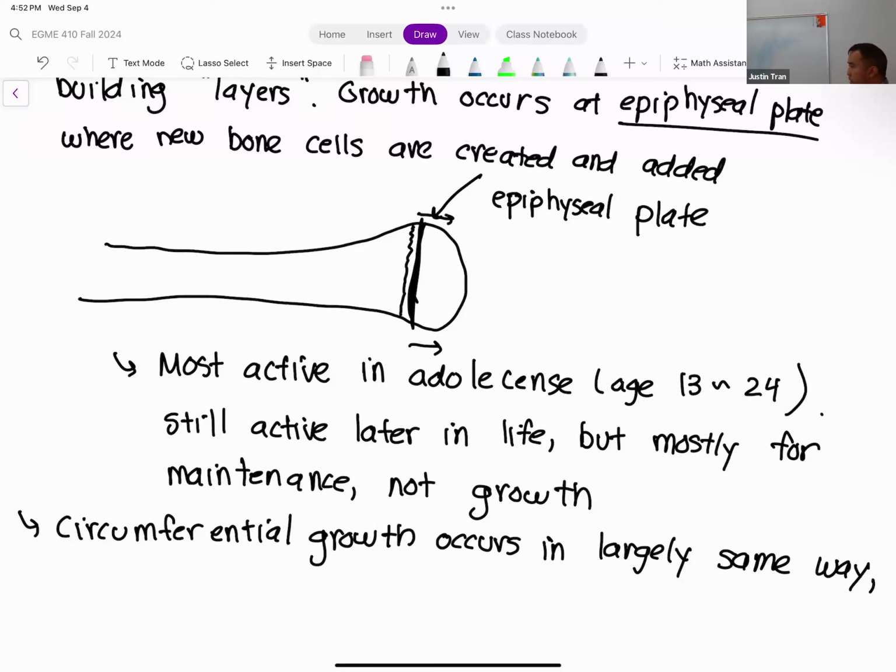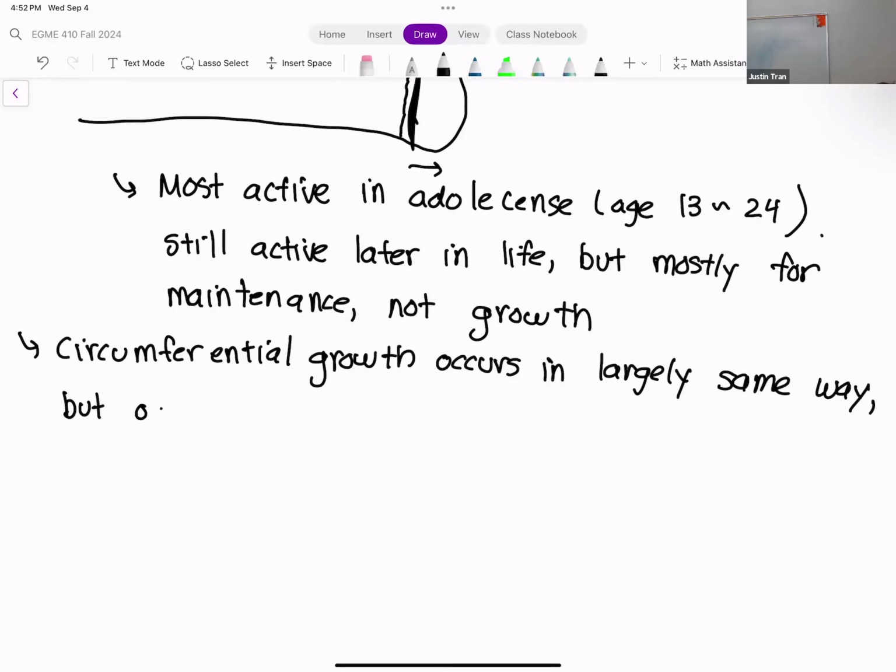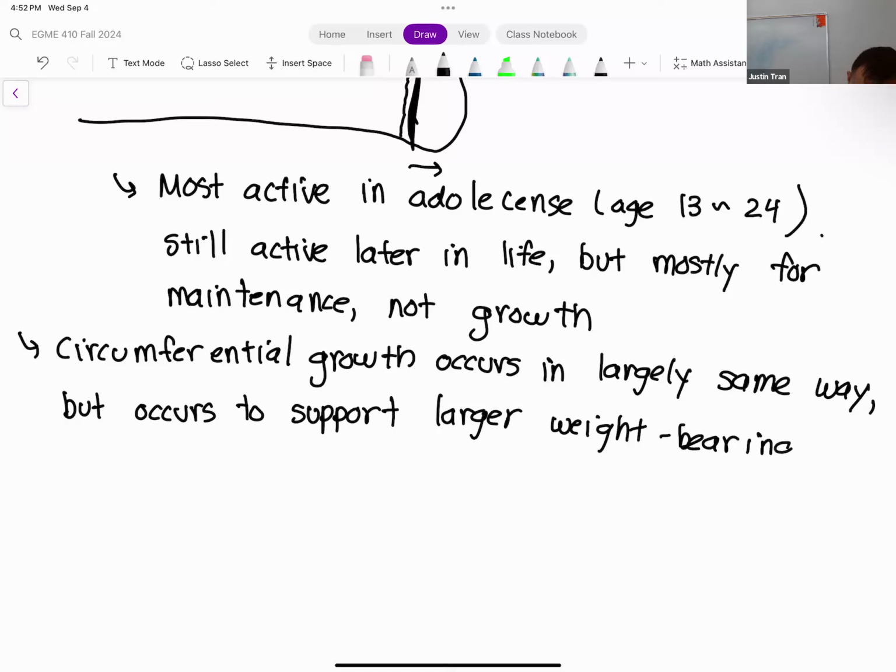The reason your bones get wider, and you see the most dramatic circumferential growth mostly in your lower body, is because, as you get older and bigger, you get heavier, and there's more weight that these bones have to support. And so as the weight bearing responsibilities of your lower extremity get higher, your bones naturally grow wider to support that. Okay? Because the wider your bones are, the more strength they have, basically. All right, any questions on this?